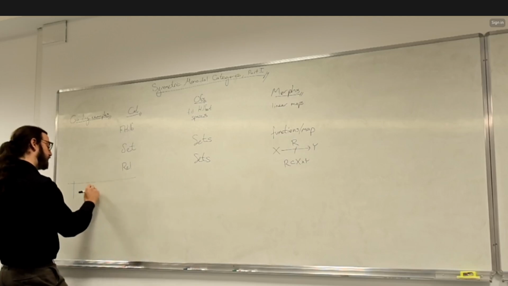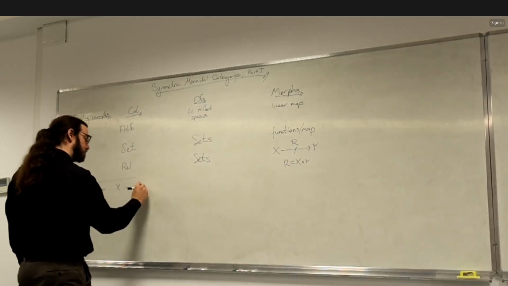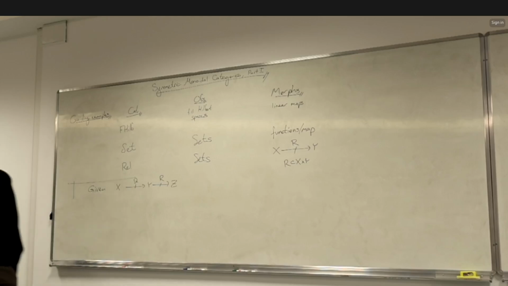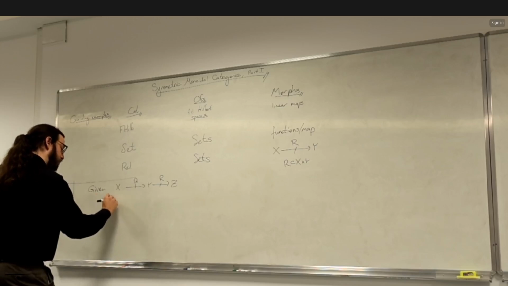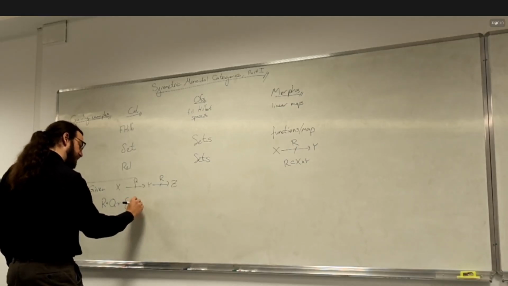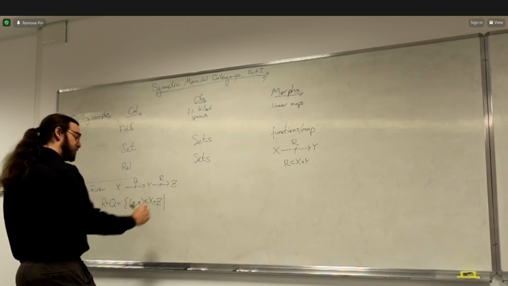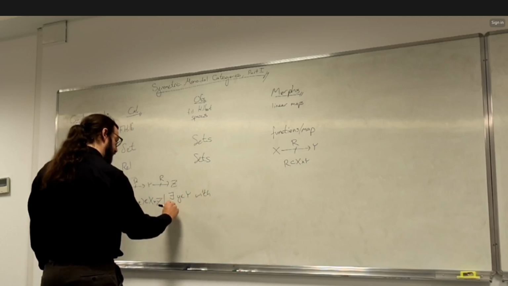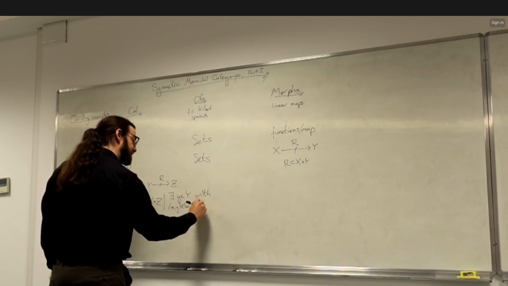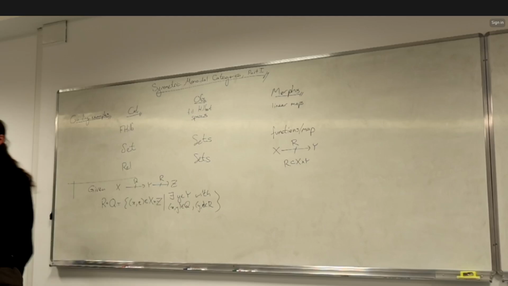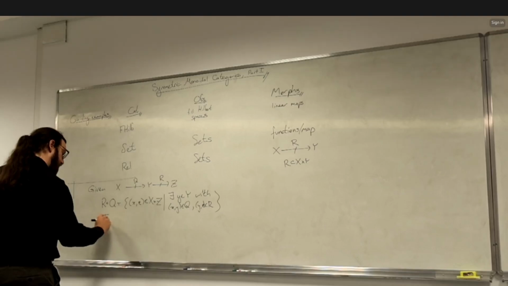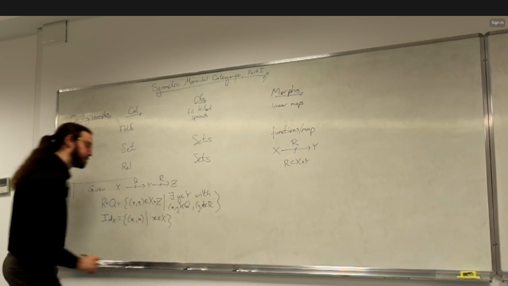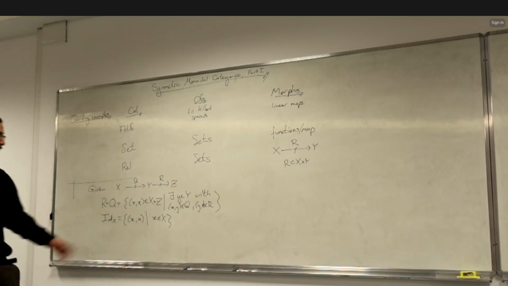So maybe a sidebar: given R and Q, relations respectively from Y to Z and X to Y, define R of Q to be the set of, well, it has to be pairs (x, z) in X cross Z, such that there exists a y in Y with (x, y) in Q, (y, z) in R. So this is the composition, and the identity on X is just going to be the set of pairs (x, x) for x in X. The diagonal, if you will, of the product of X with itself.